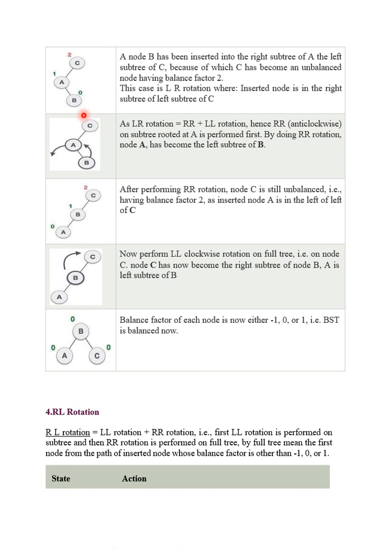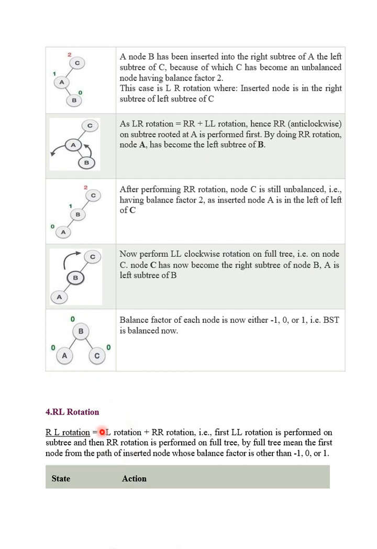First we perform RR rotation, which is one anti-clockwise shift, and then the tree becomes like this. Now this is LL rotation, which is one clockwise rotation. Now it is balanced. So this is LR rotation: first anti-clockwise, then clockwise rotation.